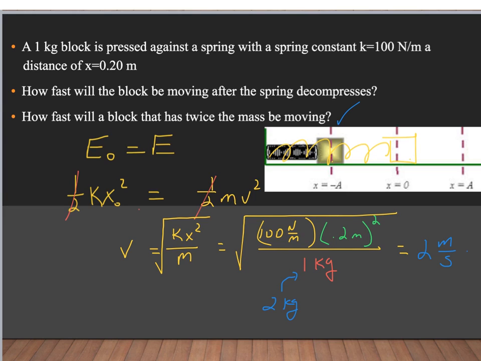But now we're going to divide that by 2, and we get the square root of 2. So when the mass is doubled, it'll decrease, and that should make sense. It's harder to accelerate a larger mass. So the spring will still be exerting the same force, just on a different mass, different acceleration, different ending speed.